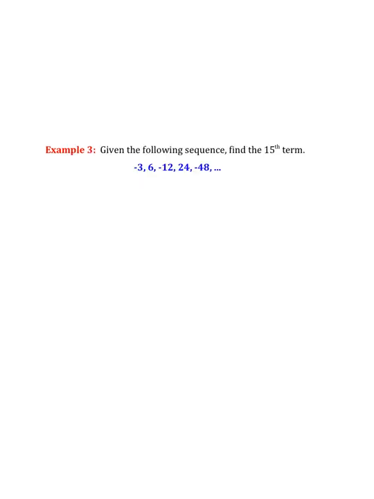Okay, so in this one, we want to find the 15th term. So before we do that, we want to set up our explicit formula. For that, we need our first term, which we have as -3. And then we also need our common ratio, which is a term divided by the term that precedes it.